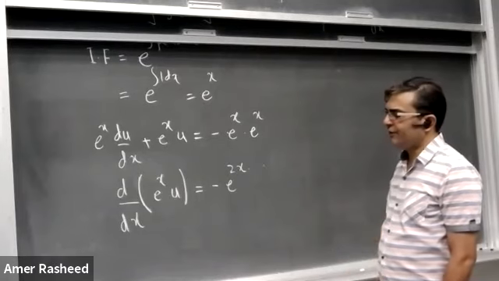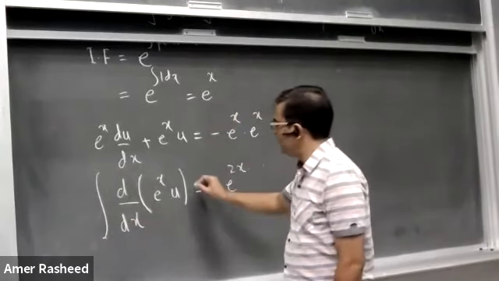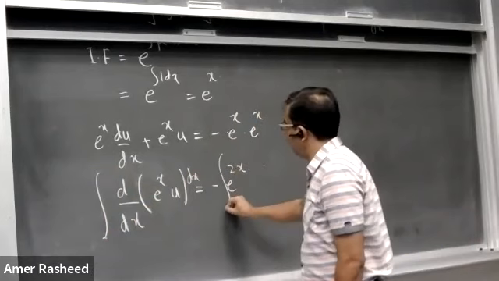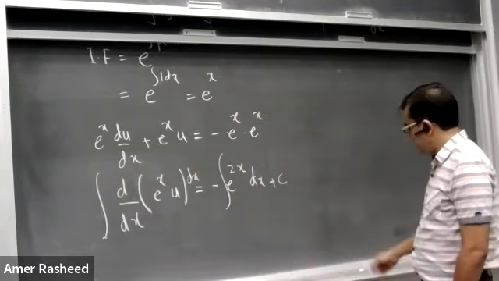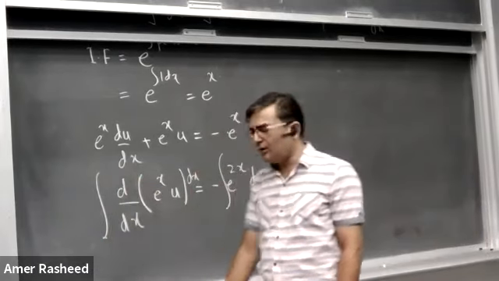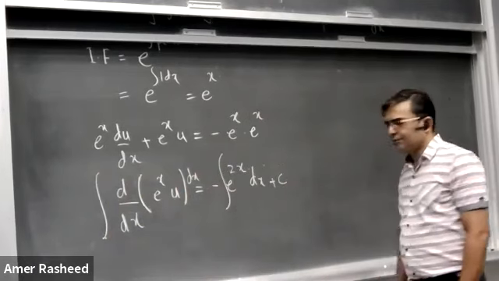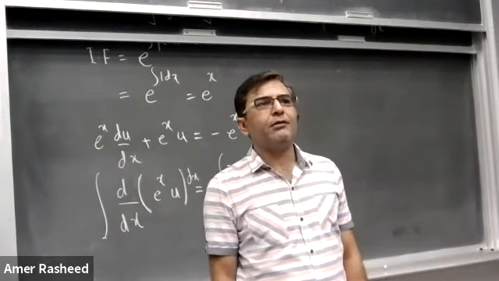Now integrating both sides with respect to x, we integrate with respect to x on both sides, and then add a constant of integration here. Here on the left hand side, the derivative and integral will be cancelled out according to what? First fundamental theorem of calculus.